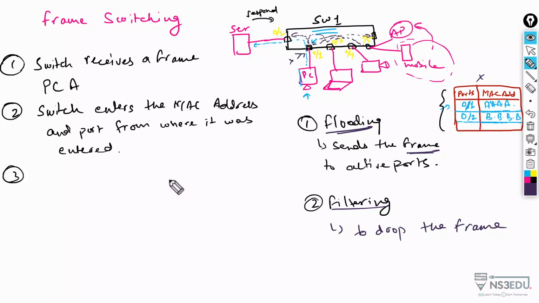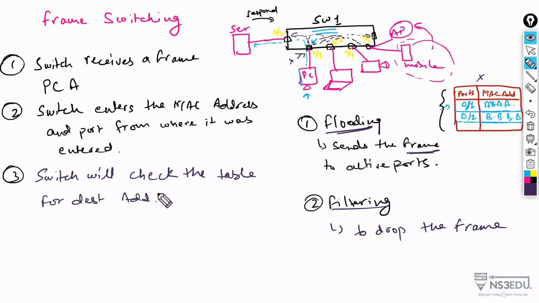So the third step it will do is, the switch is going to check the table for the destination address.